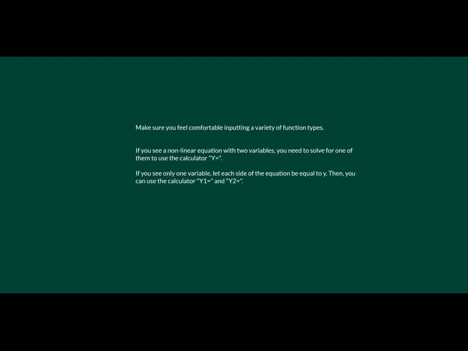This last slide is really just to wrap up the discussion for solving nonlinear equations using the graphical method. You need to make sure that you feel comfortable inputting a variety of function types. Okay, that's going to look like square roots. It's going to look like, let me get a pen here so I can show you what I mean. It's going to look like square root functions.